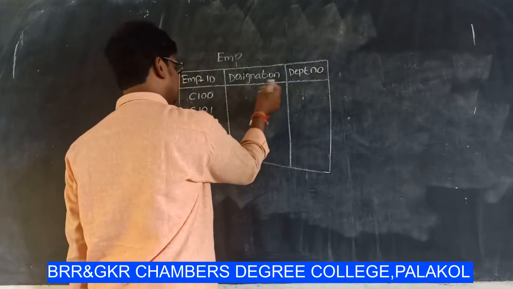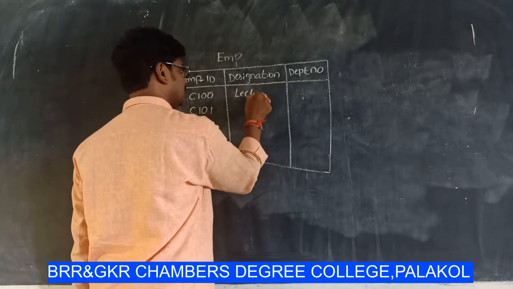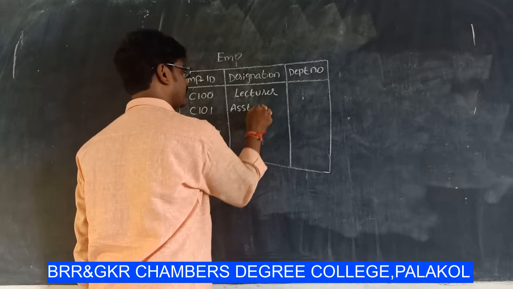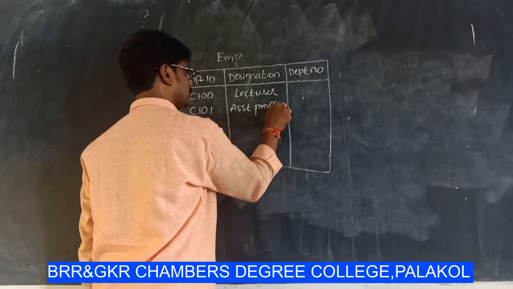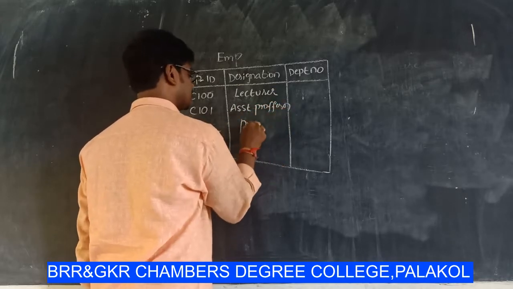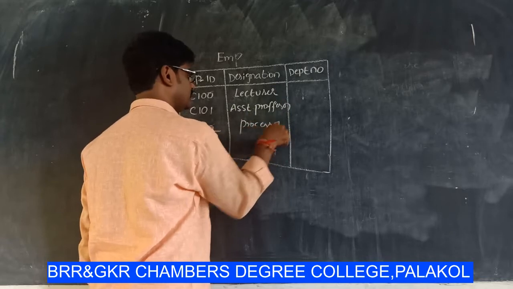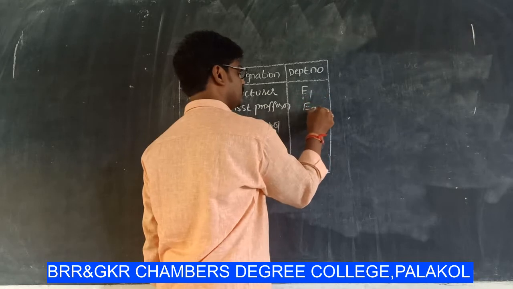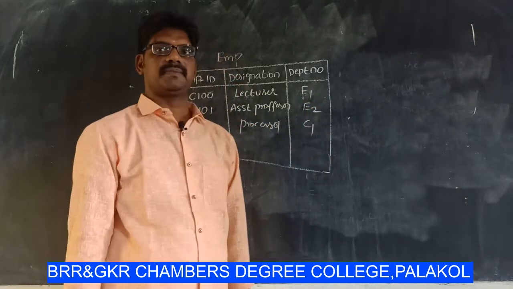Designations are lecturer, assistant professor and professor. Department numbers are E1, E2 and C1.